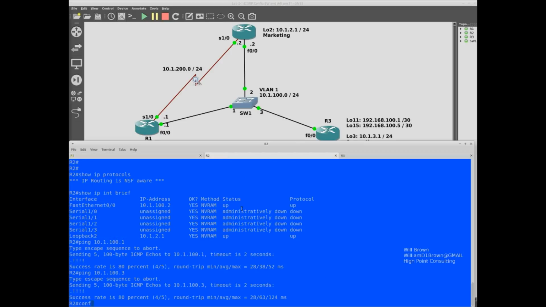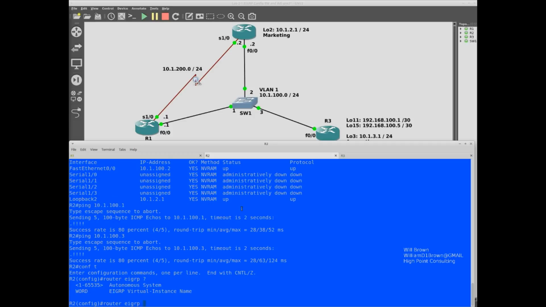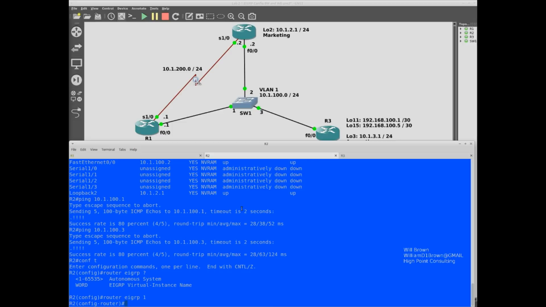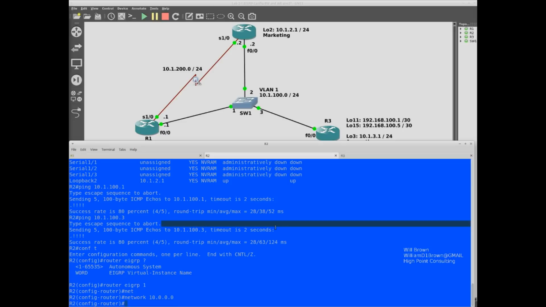And we're going to repeat the same steps. The host name is already configured on all these routers, and the networks are up. We're going to say router EIGRP, give it an autonomous system number of 1, and say network 10.0.0.0.